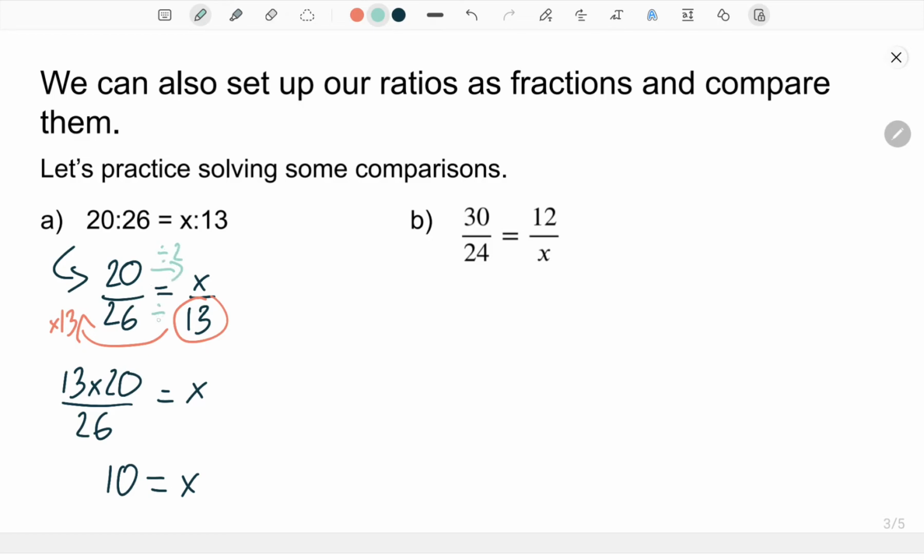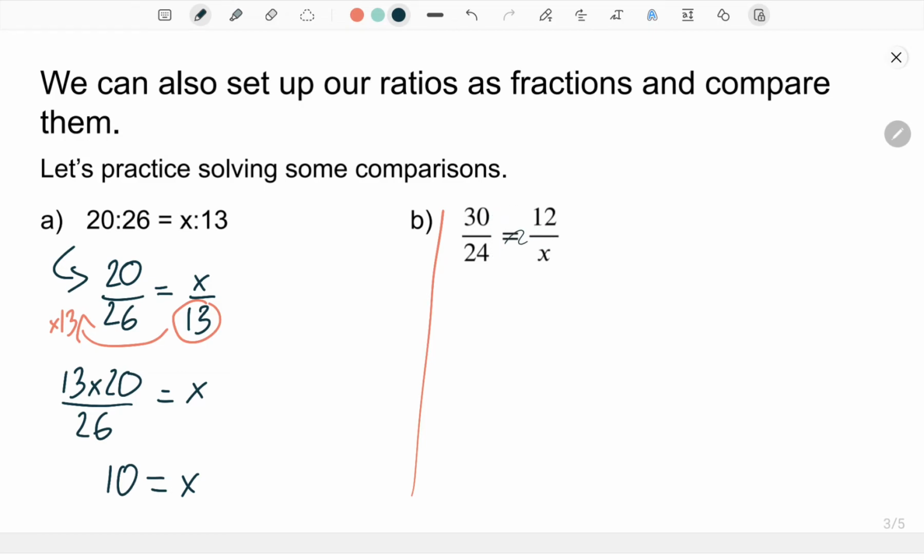So divide by 2, divide by 2. And the 20 there divided by 2 will just give you 10. So that's another way that you can quickly solve that. But comparing the fractions will always work. That's also why we have this other fraction here to solve, because fractions like this will show up.